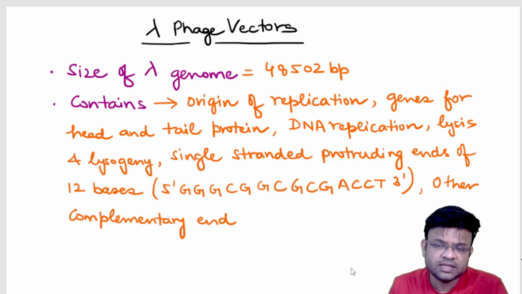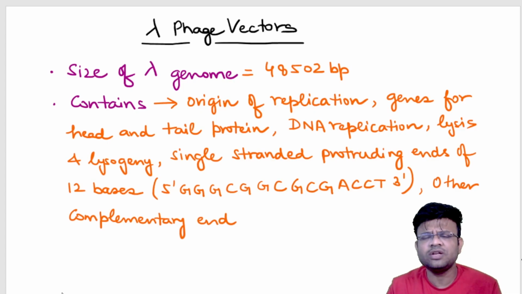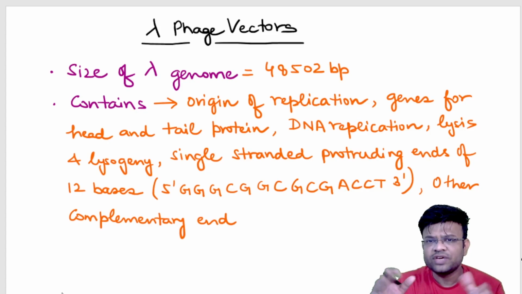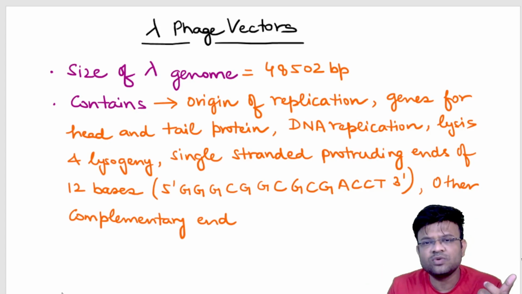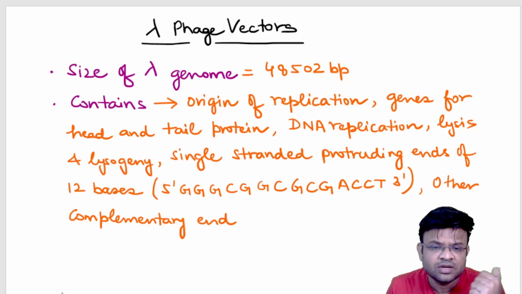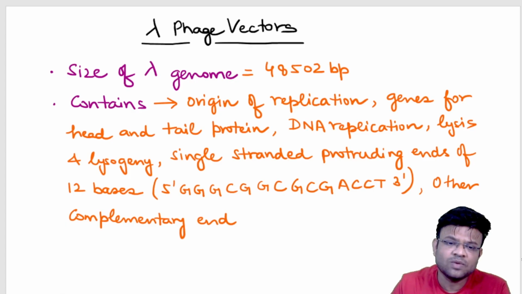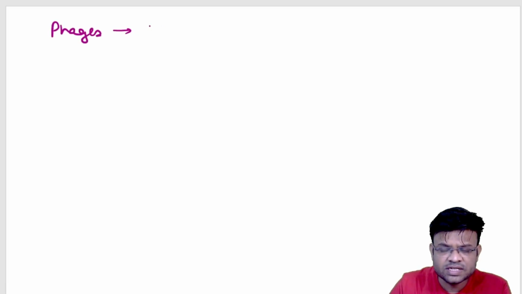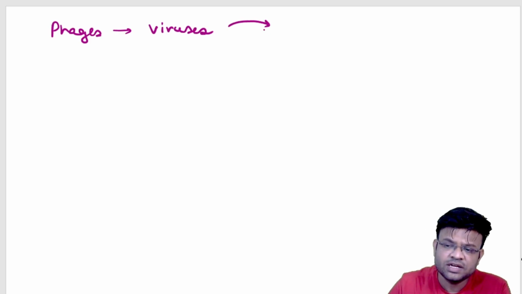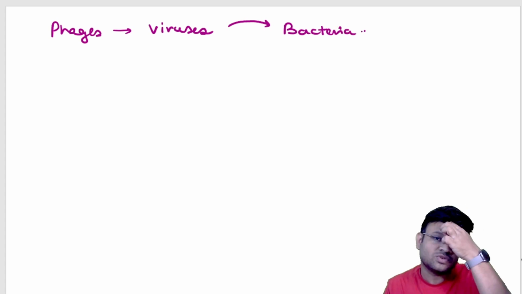The first point that you can see on your screen is the size of lambda genome. Firstly, let me make you understand what lambda phages are, or most simply, what a phage is. Phages are viruses, and these viruses have the capacity to infect bacteria or treat bacteria as hosts.